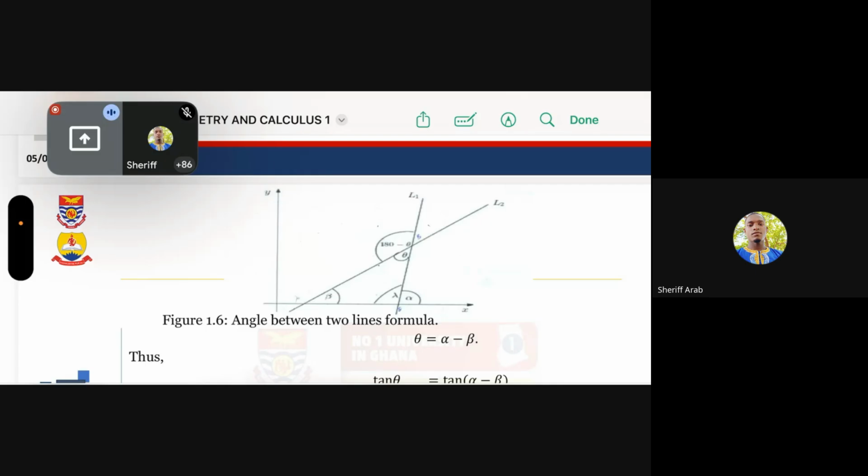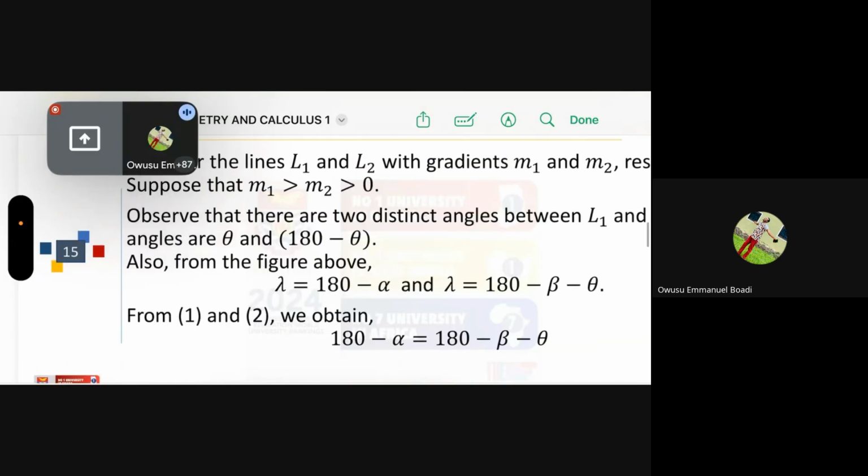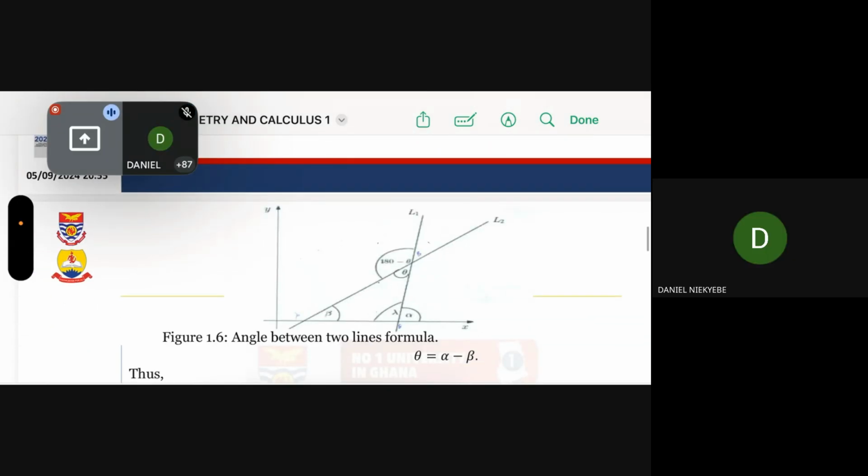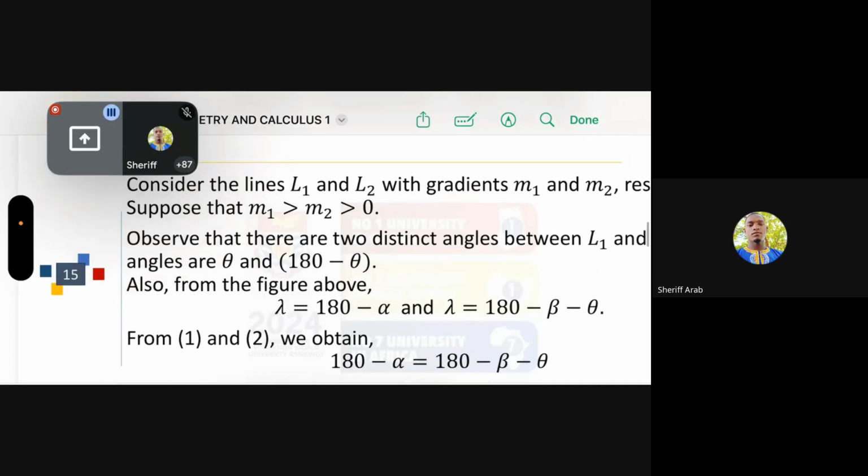I know that the angles on this straight line, alpha plus lambda, should give me 180. So my lambda will be equal to 180 minus alpha. So that is one observation.